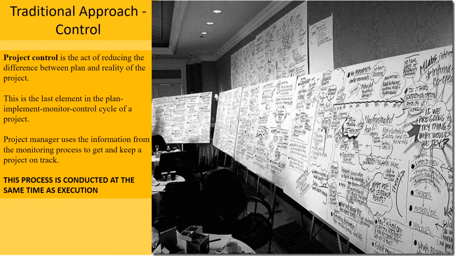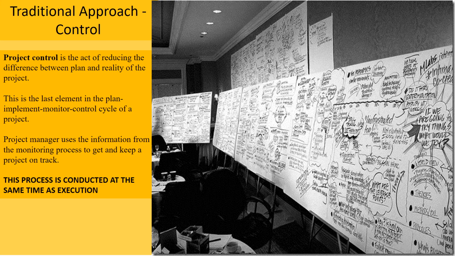When we look at the traditional approach, the next thing within the management process includes the monitoring and control. So in the management process, as we said before, you had the initiation stage and then the planning stage, and then we execute the project, meeting all the requirements in the work breakdown structure. But then we need to monitor and control it.